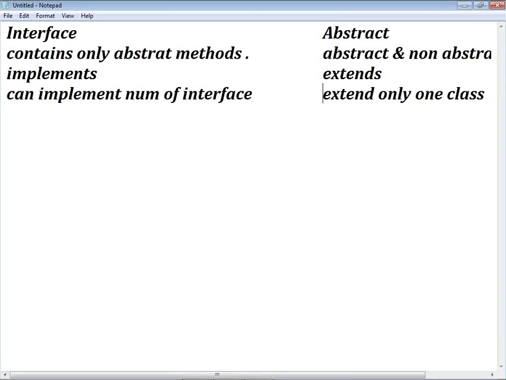Interface will not allow the access modifiers except abstract. Final we cannot declare. Any other modifiers? Native is there. Shall we test whether we can apply native or static for an interface method?